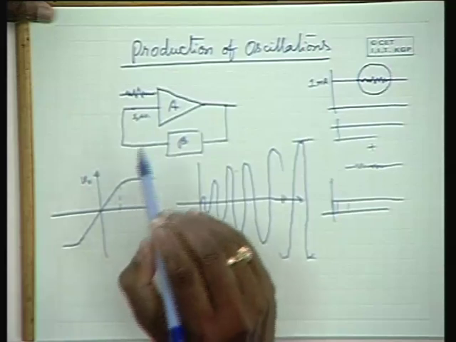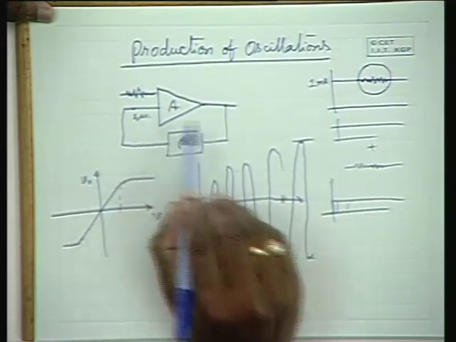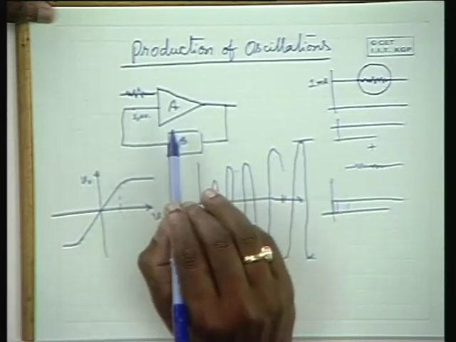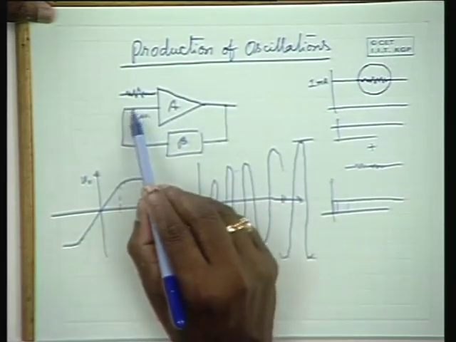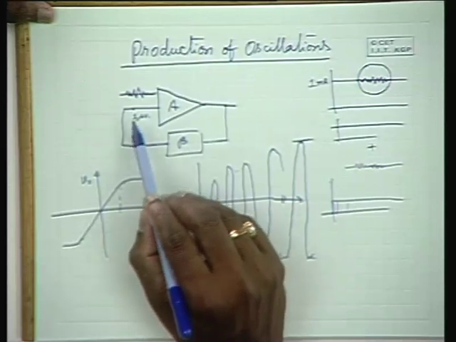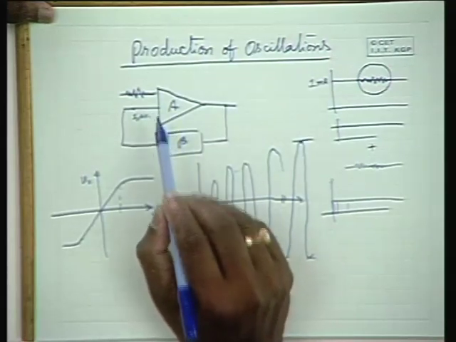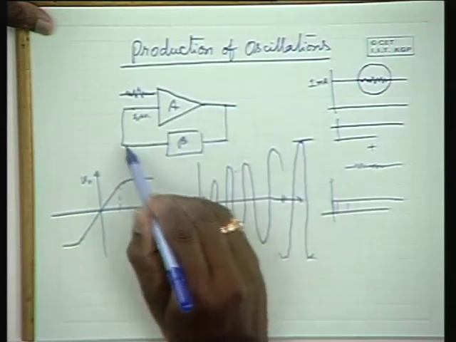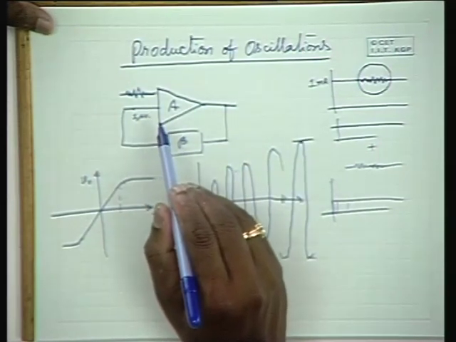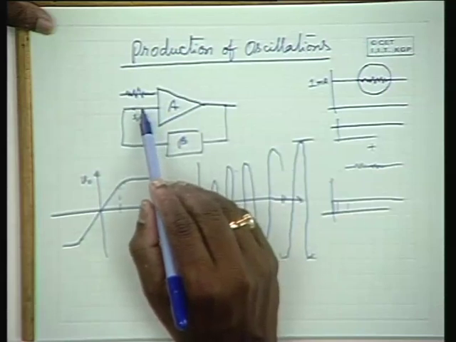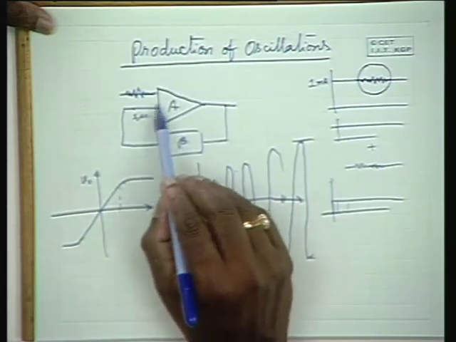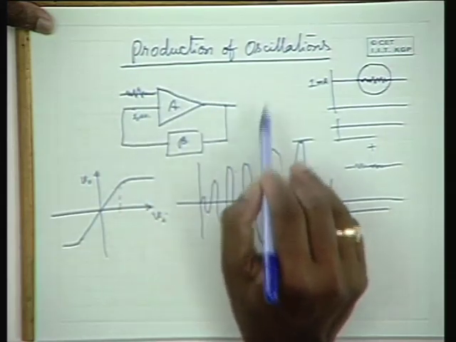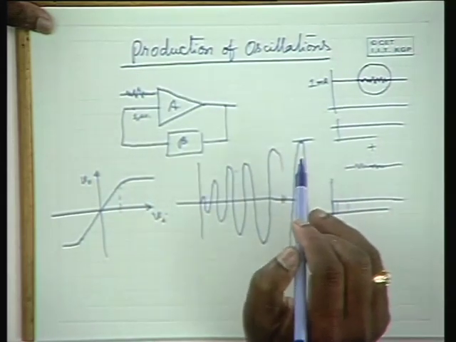Only that component for which the phase of A beta is 360 degrees or a multiple of 360 degrees, only that particular sinusoidal or monofrequency component, returns in phase, and if A beta is slightly larger than 1 at that frequency, the amplitude builds up.